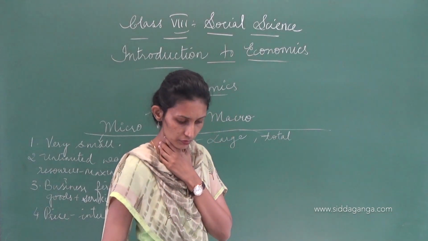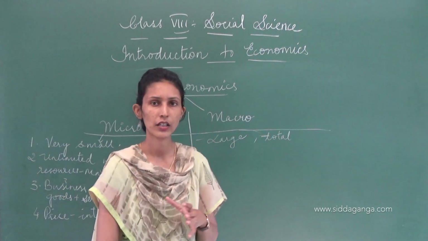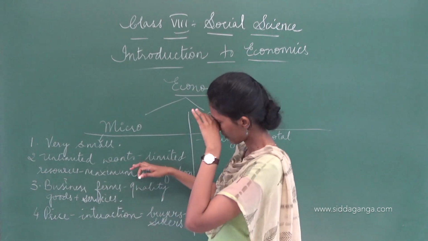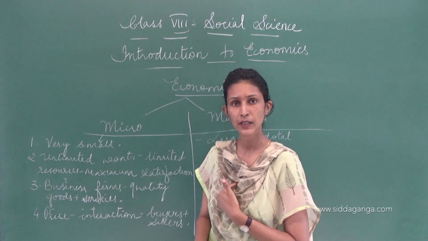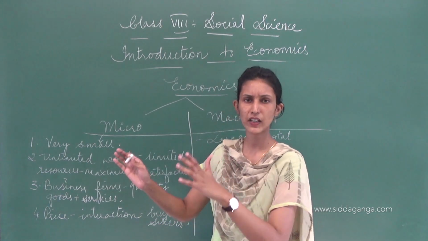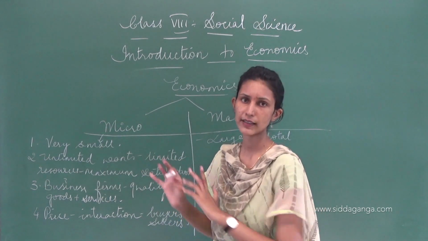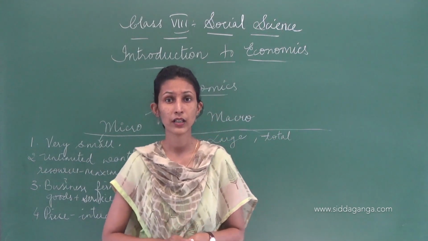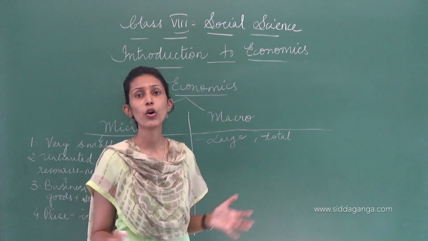Now, let us take the first point. In micro we studied about the individual. Very small, isn't it? We can study one individual. If you see his monthly income and his monthly expenditure, we can figure out what he is trying to do. When it comes to macro, it becomes like a whole country.